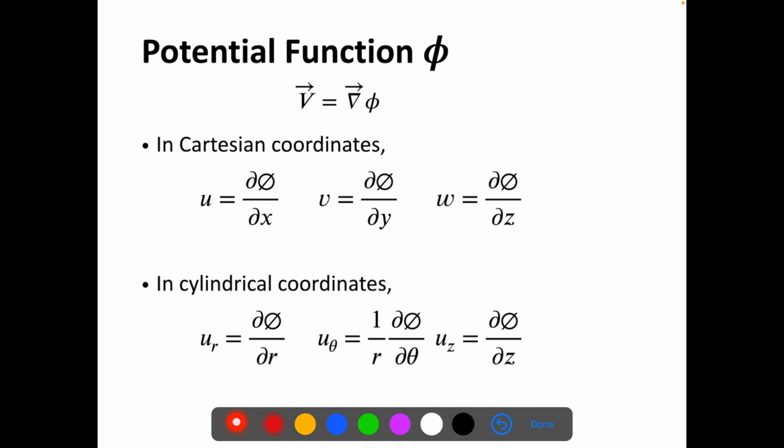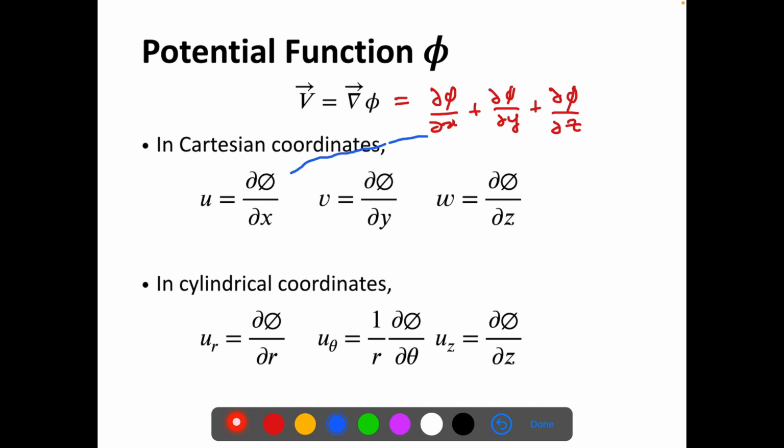So the potential function is defined as V is equal to nabla phi. If I expand this, remember what we did previously, we have del phi over del X plus del phi over del Y plus del phi over del Z. This is the full notation.